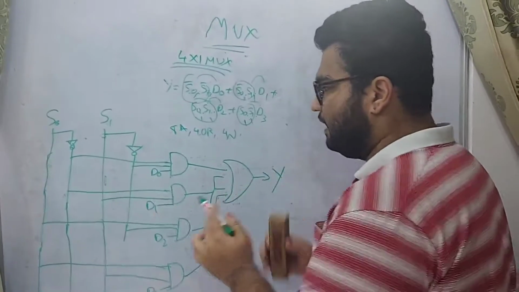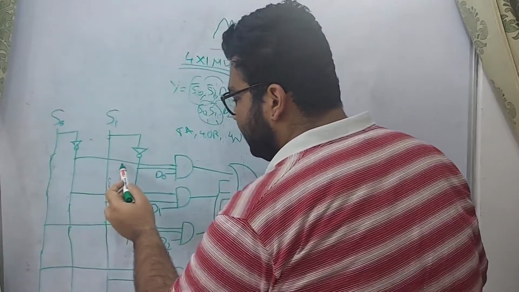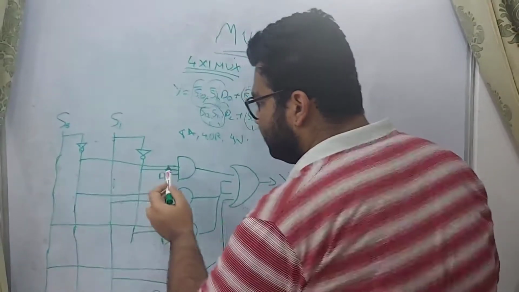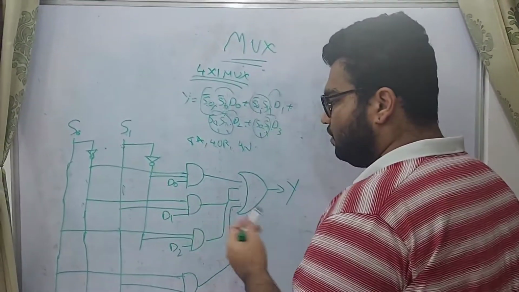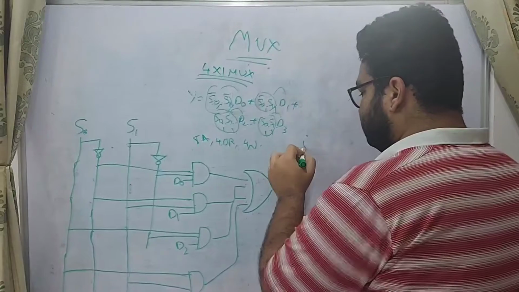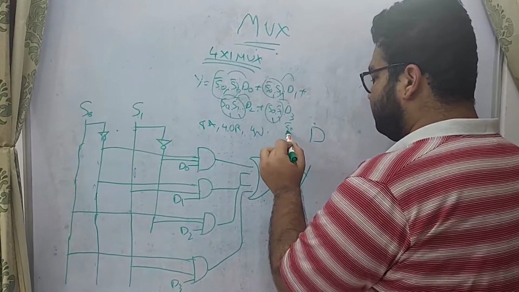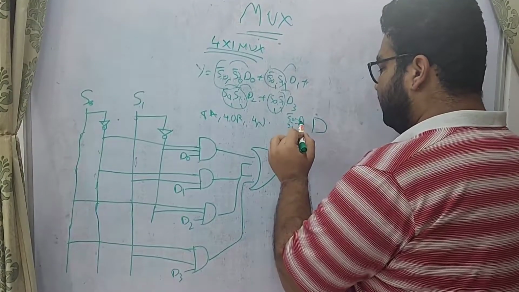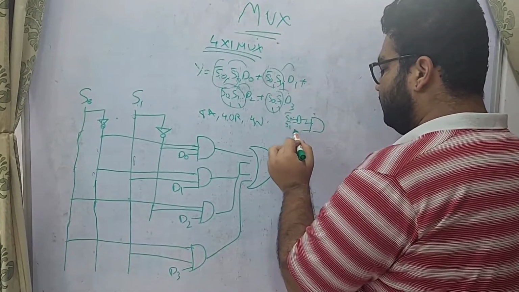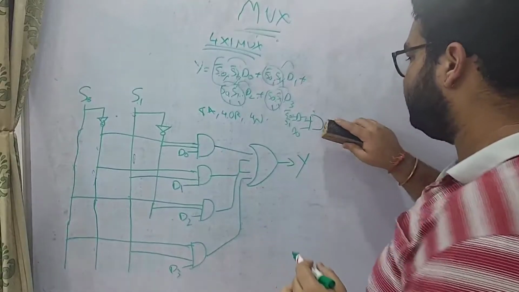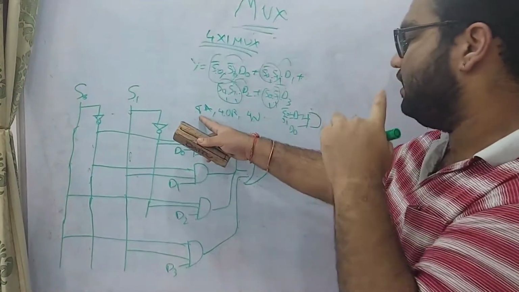I have mixed the AND gate, that is, I am simply taking the S0 bar terminal and S1 bar terminal here. You can also draw it like an S0 bar, S1 bar AND gate, and you connect this and D0. If you draw like this, then there would be 8 AND gates.